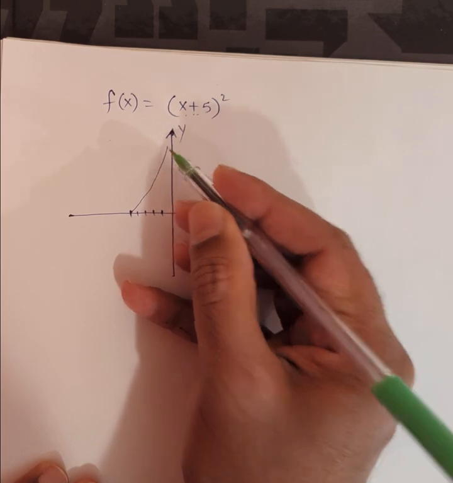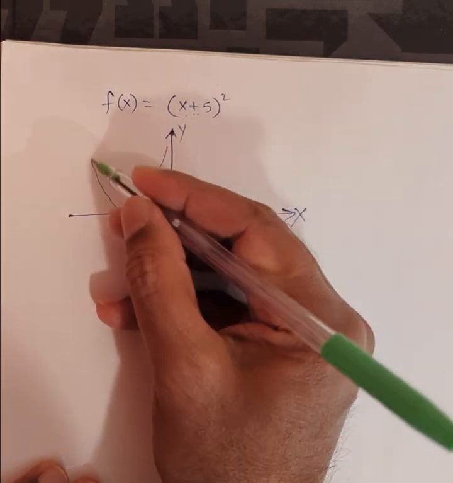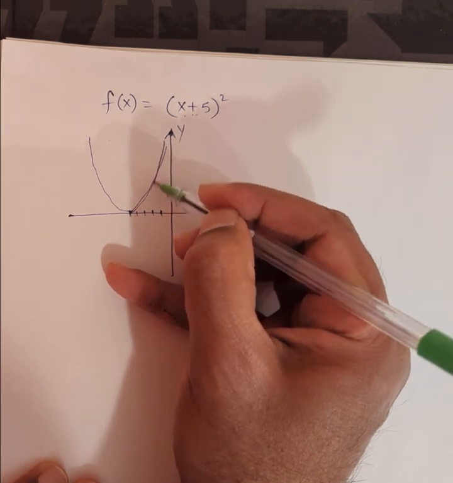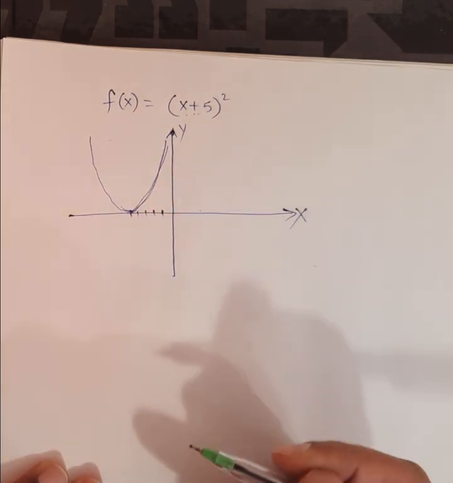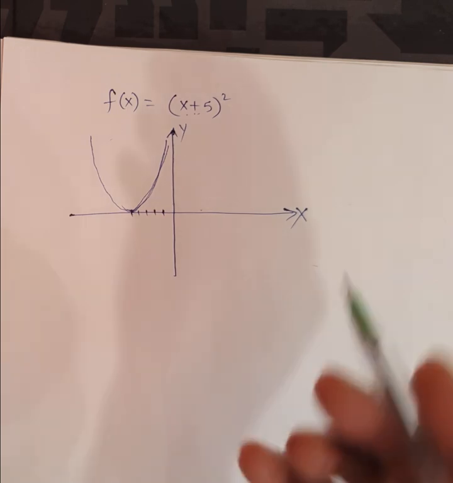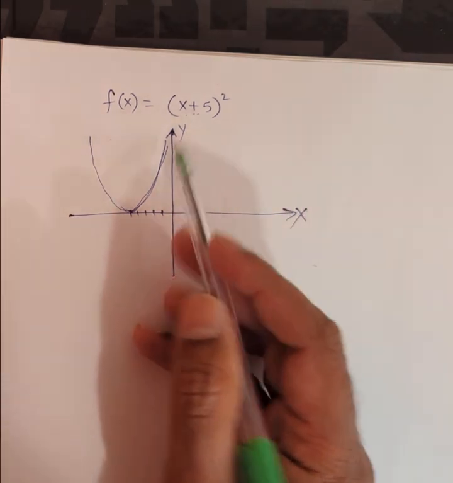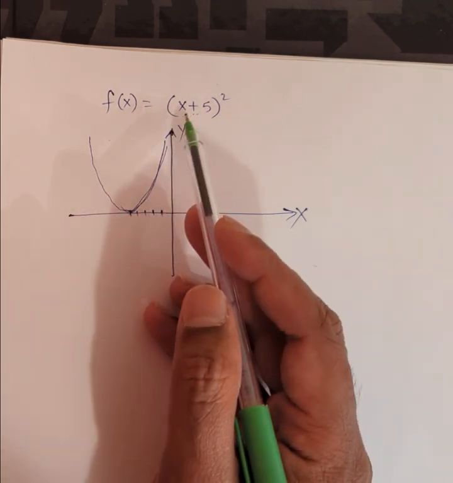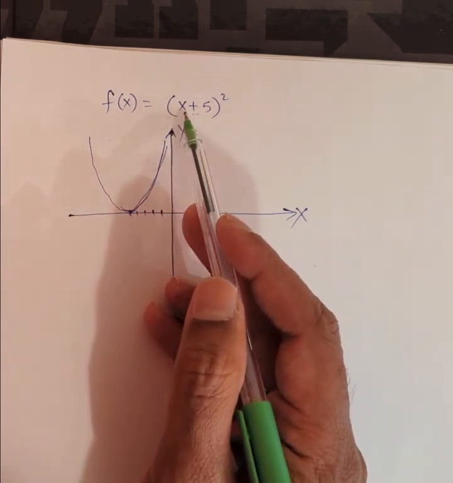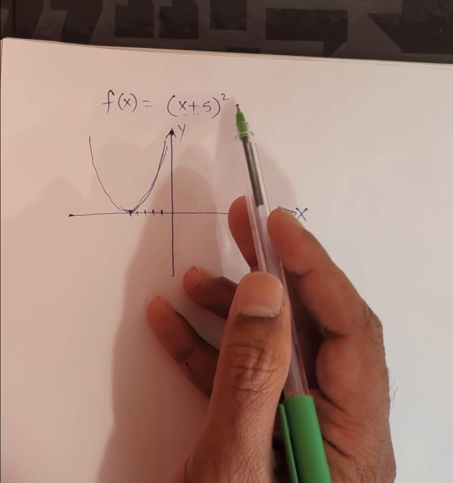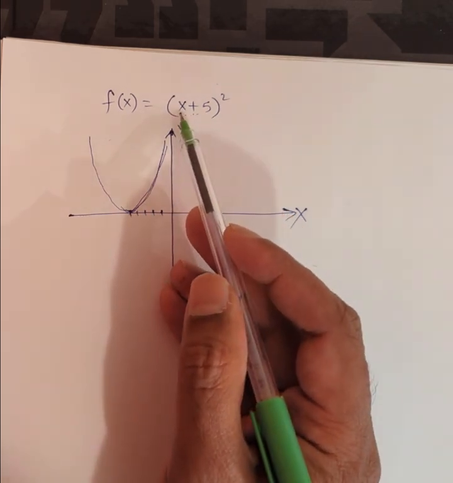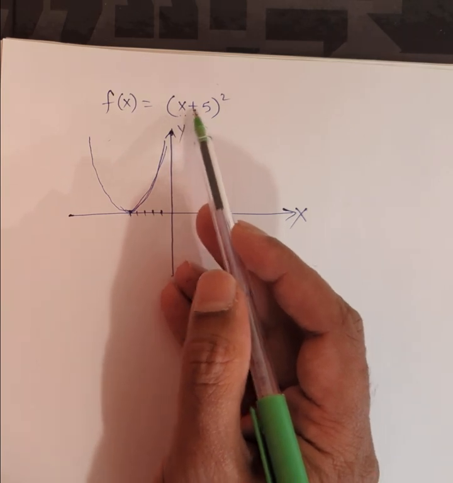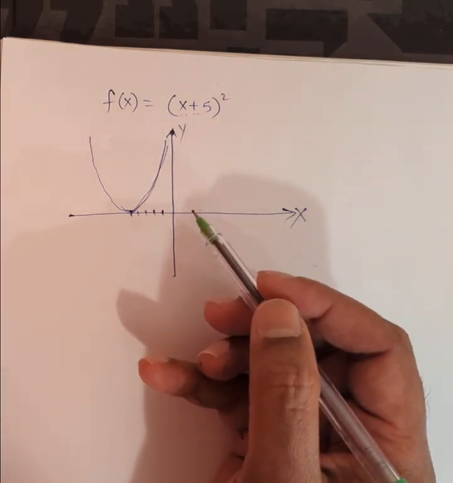So it moves 5 to the left. So this is the graph of this function. And again, what should be the value of x so that y is 0? Well, it should not be 5 because 5 plus 5 squared is not 0. On the other hand, x should be negative 5 because negative 5 plus 5 is 0, squared is 0.